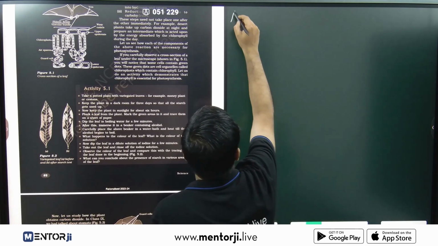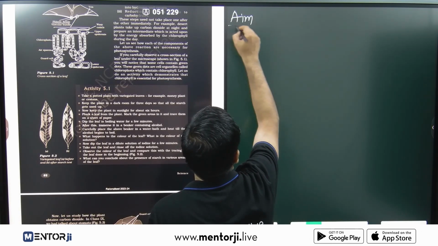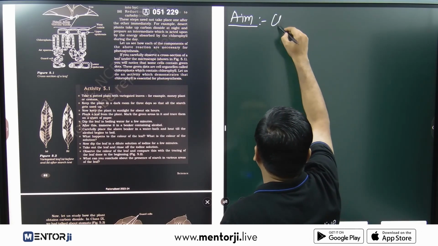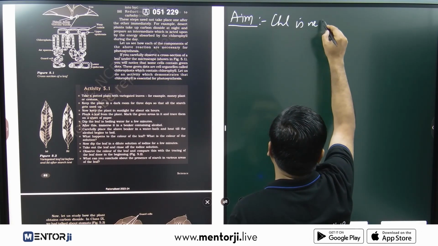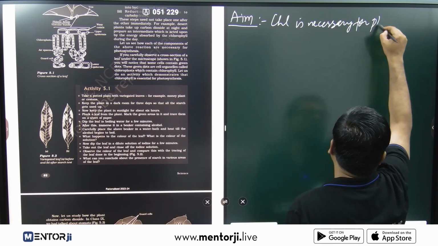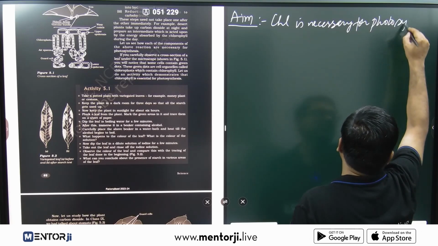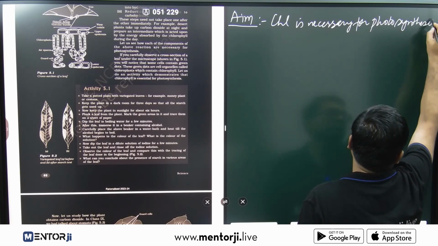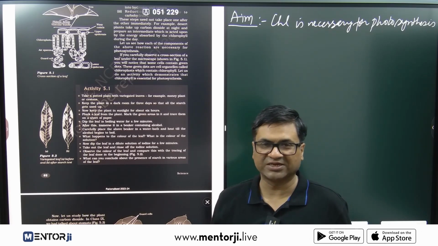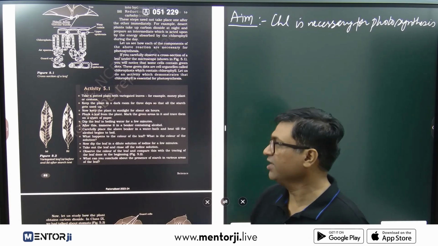The aim of this activity 5.1 is: chlorophyll is necessary for photosynthesis. Chlorophyll is necessary for photosynthesis.